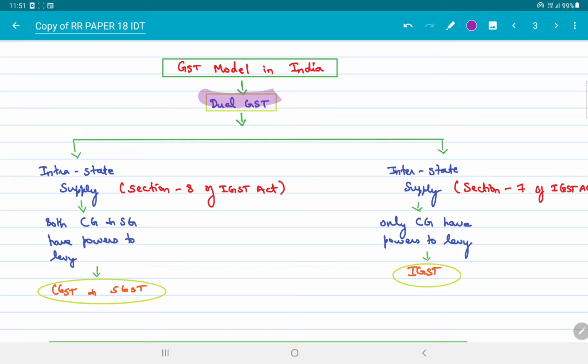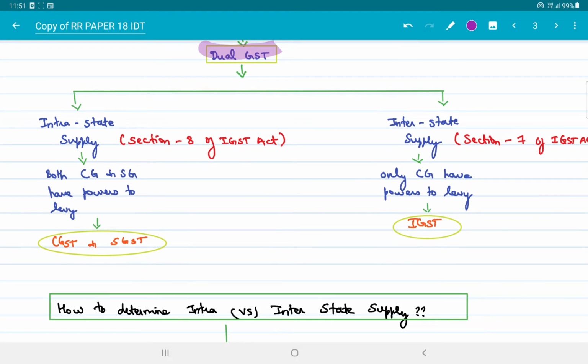There is a control to levy tax not only by the central government but also by the state government of India. Each and every state has the power to levy tax under the GST regime. So that's why it is a dual GST model.